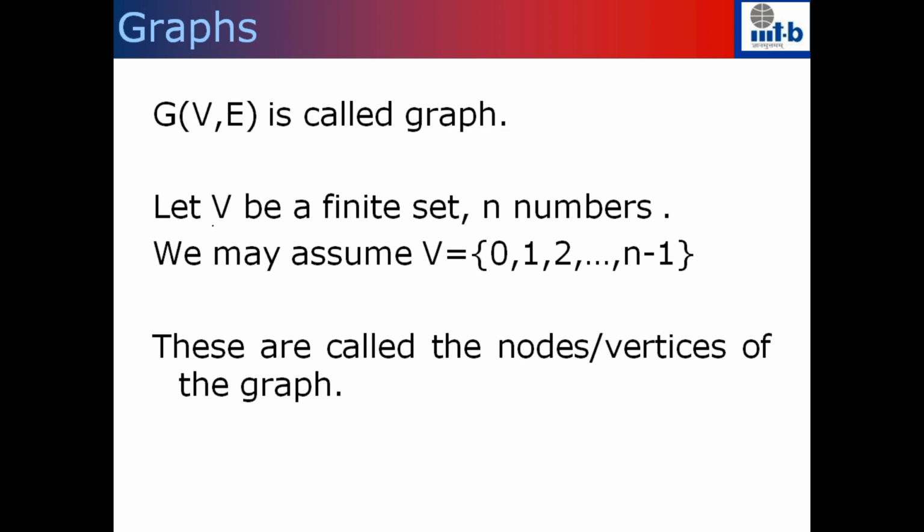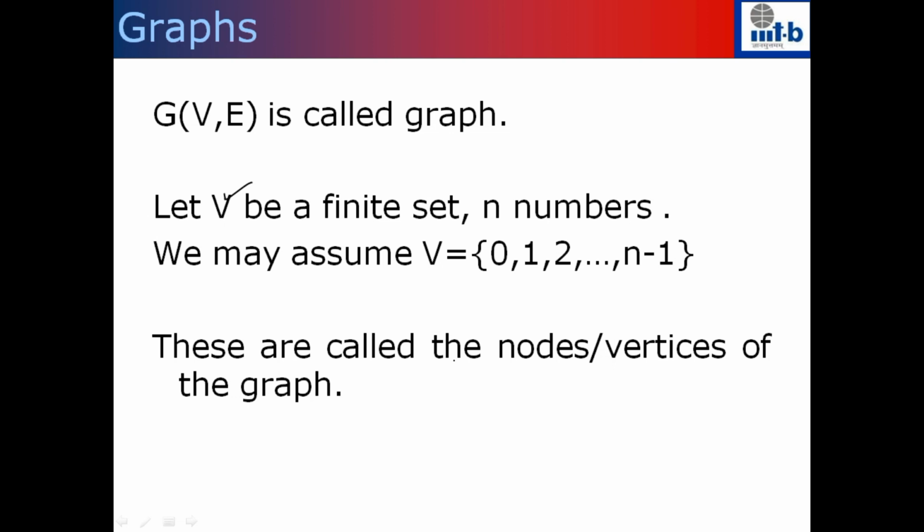More specifically, the elements in V are called the nodes of the graph, or sometimes also called the vertices of the graph. Since V is a finite set, we will assume that the number of elements there is n, and without loss of generality we can also assume that the elements are 0, 1 up to n minus 1.